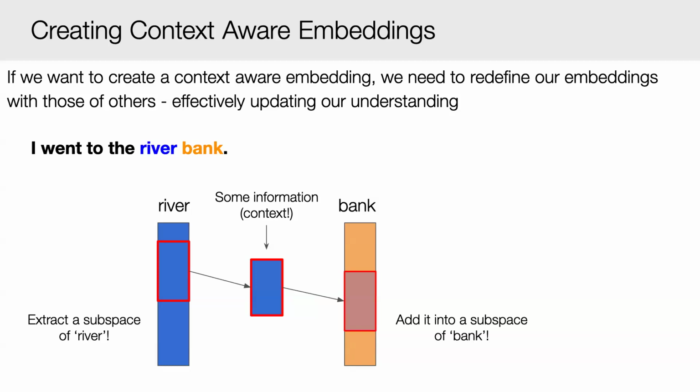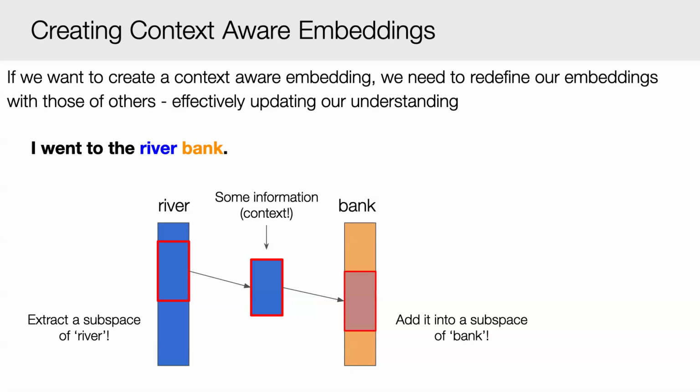So in this case, what we really want is to update everything we know about our bank and redefine it with some information from river. We're going to redefine our definition of what bank is with some of what we learned from river. By doing this, we'll say that bank is now contextually aware. It's aware of what it means because it means something more than what we initially thought it was.